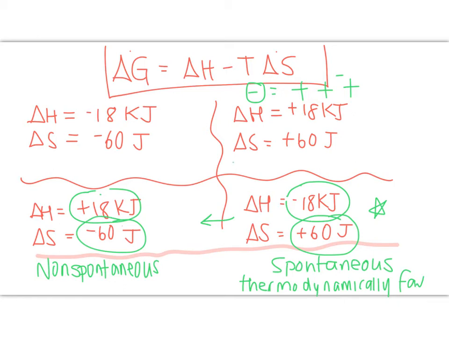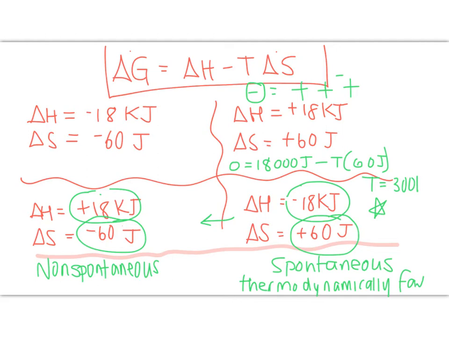Delta G would become 0 because we would be in a state of equilibrium, and then we would do 0 equals 18,000 joules minus T times 60 joules. When you solve for temperature, it would end up being 300 Kelvin. So any temperature above 300 would be spontaneous.